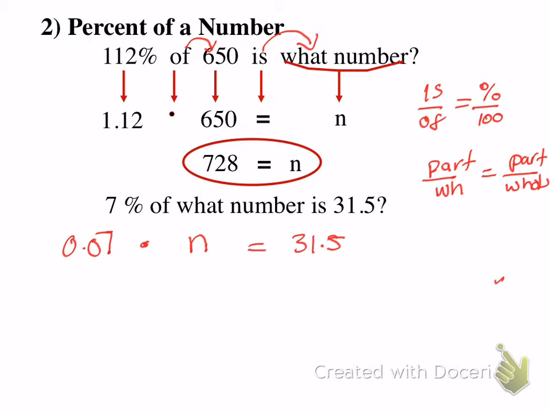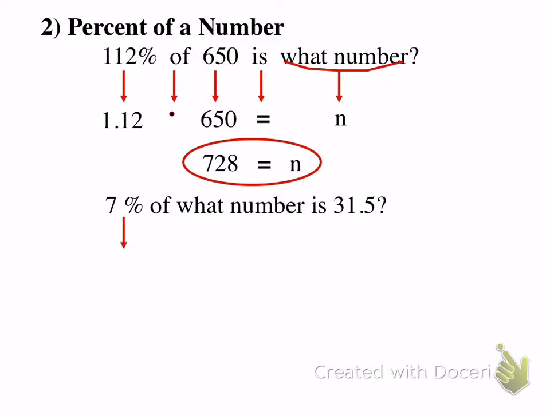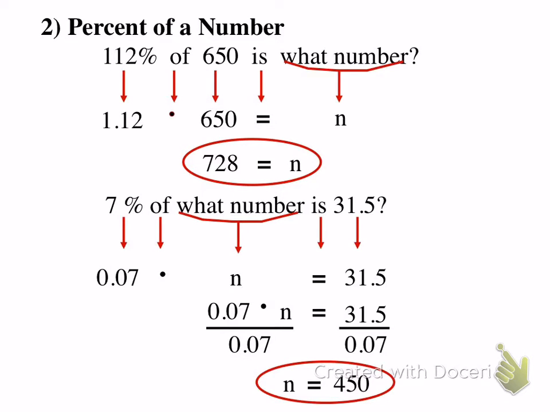Okay, and is my final answer going to be a percent? No, because it says what number, not what percent. So don't add a percent sign or I'll mark you off. Does that make sense? Okay. We divide them and we get n is equal to 450.